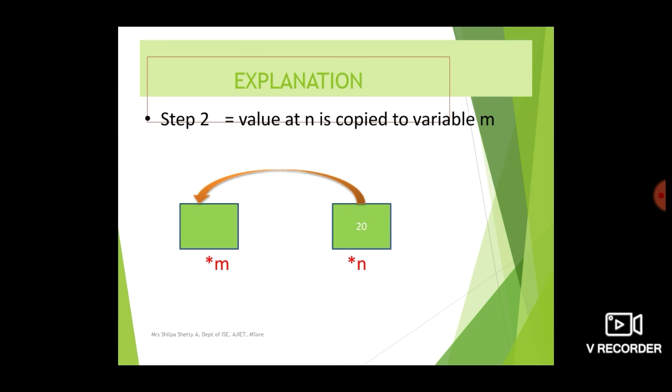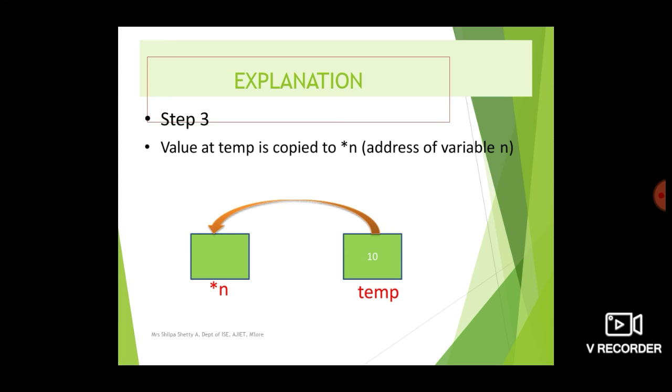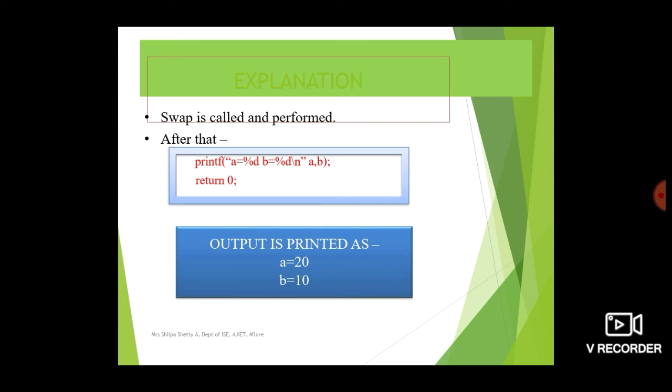So it will come to m. Then similarly, star n is temp. Temp is 10. So star n, the value pointed by n, that is nothing but B, becomes 10 now. So that means when you change m and n, A and B values will get changed here. So the result will be A is equal to 20, B is equal to 10 after the swap operation.